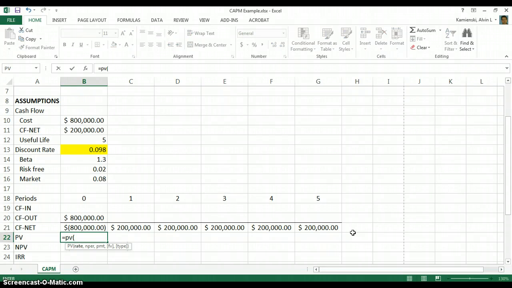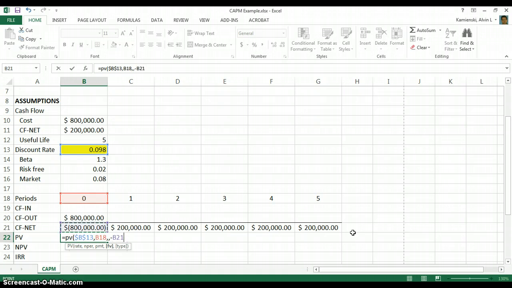I observed last night that you guys have all gotten good at doing the NPV calculation. So in this case, let's remind ourselves the reason we are doing this is so that the CAPM can be used for the discount rate. So we'll highlight the discount rate. Our number of periods sits in the column above us. There's no payment.